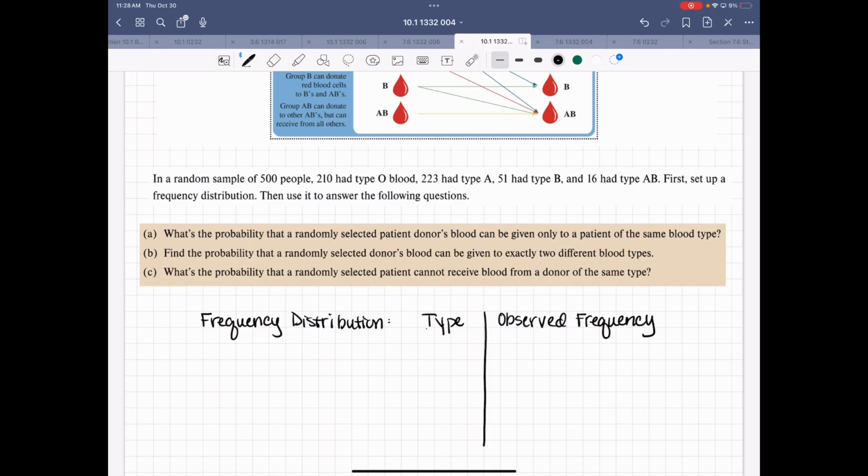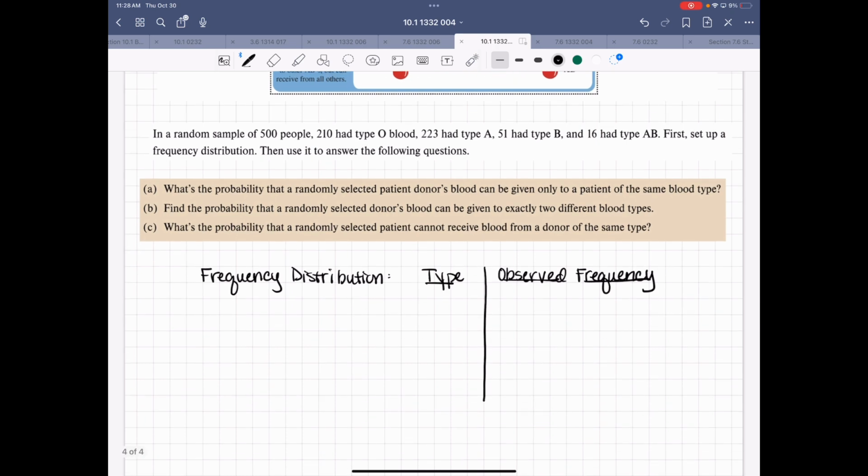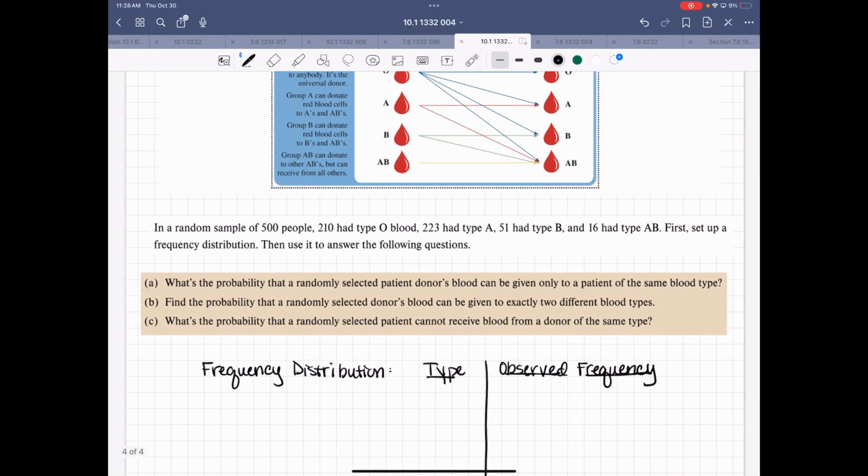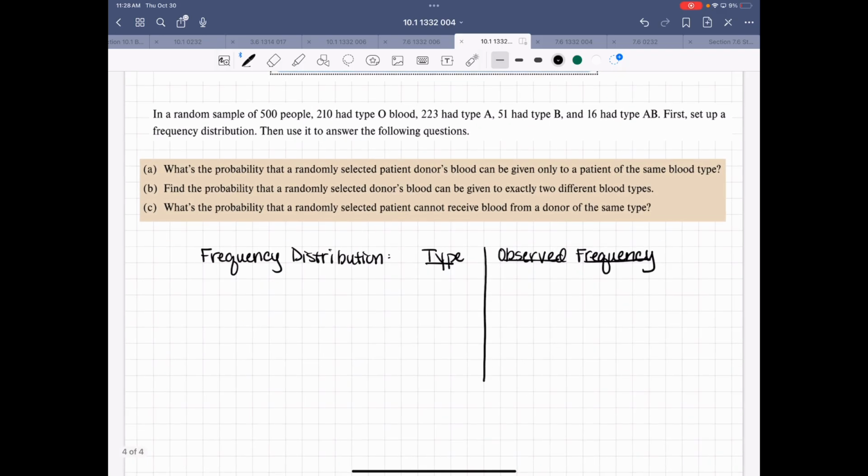If you are from stats, you didn't write observed, you just wrote frequency. And those frequency tables were much longer, and that probably brings back really sad thoughts to your life. So our types are A, B, AB, and O, and then we've got the total. What's the total there?